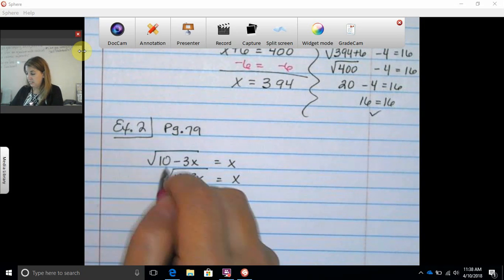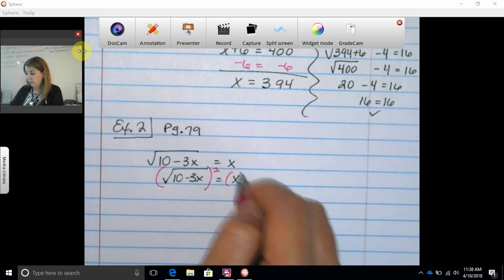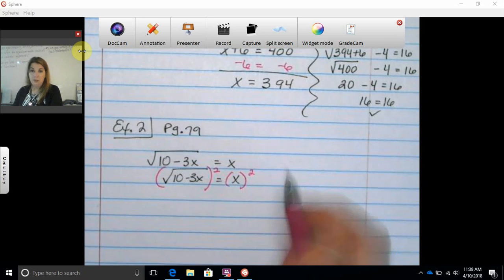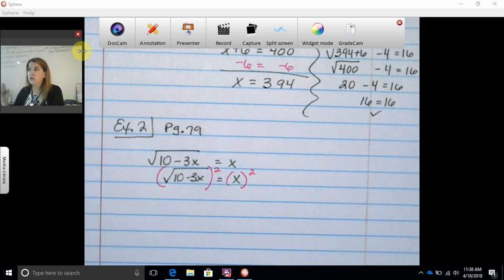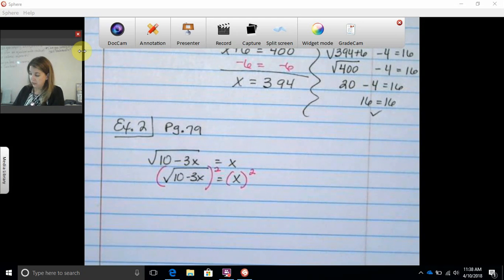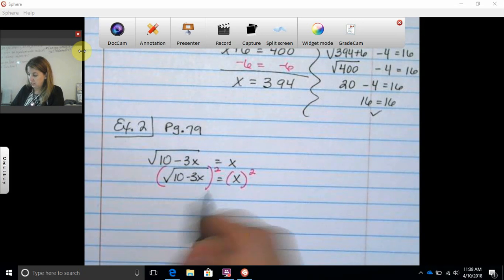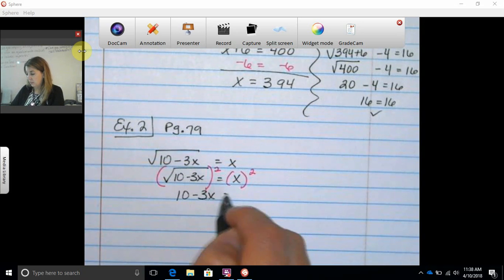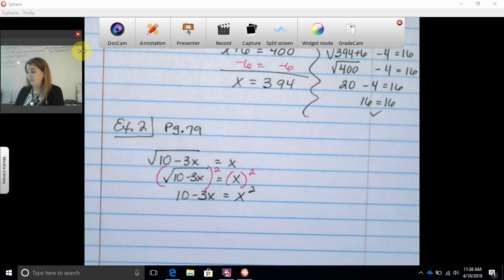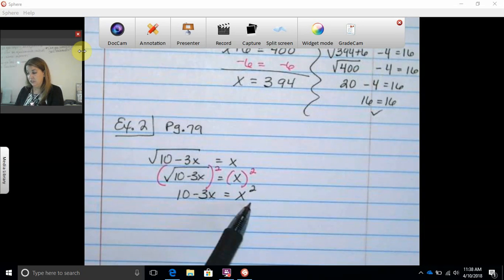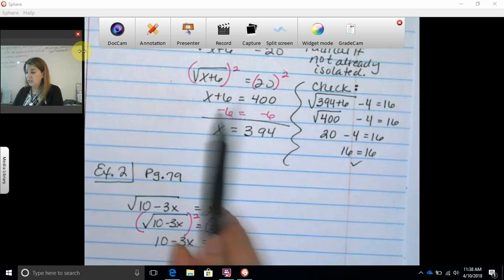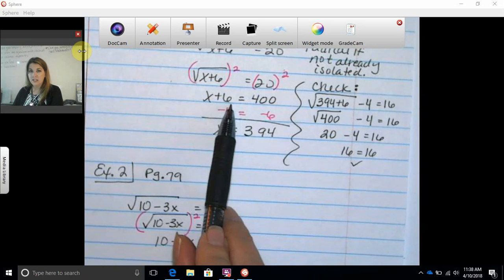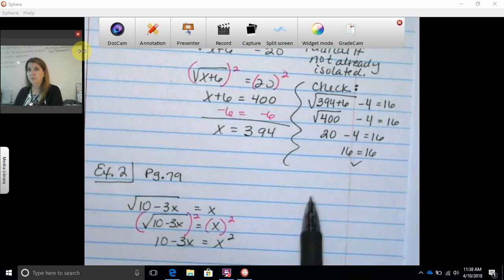And I'm doing that in like a second step. Well, it's the first step, but instead of just rewriting the problem, so that when you look at your notes, you can see how your problem changed from how it started, right? So what's the square root of 10 minus 3x quantity squared? 10 minus 3x equals x squared. So this time I have a quadratic term and a linear term. Last time I just had the linear term and a constant, so I could just isolate the x, right?